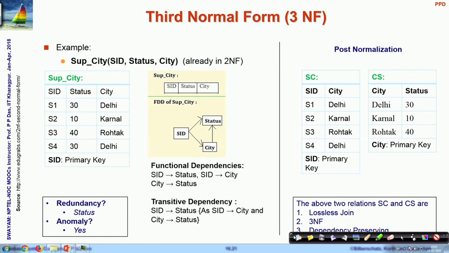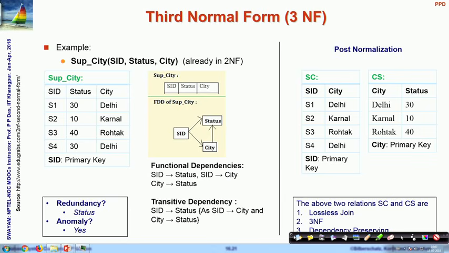We can easily normalize by splitting into SID and city, and city and status, and naturally that redundancy goes away, because you no longer have the transitive dependency. You only have SID determining city, which is the primary key in SC, and city determining status, which is the primary key in CS.